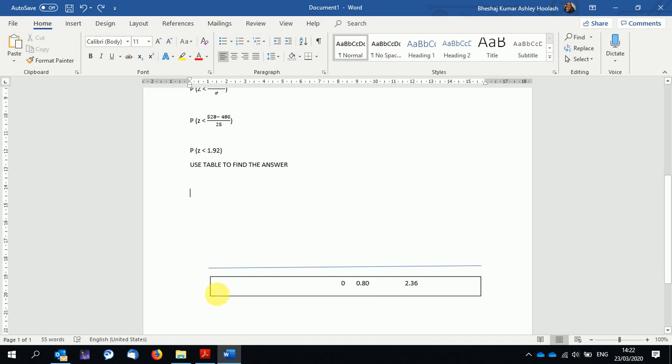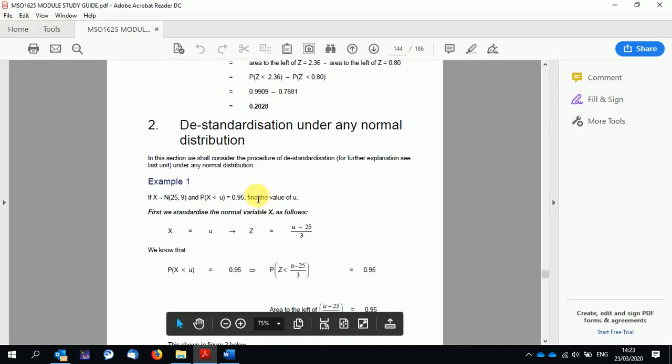So basically we are looking at something like probability z less than 2.36 minus probability z less than 0.80. That should give you the answer. If you go through your part one, I'm pretty sure you will understand how to do this, right? And that's it.